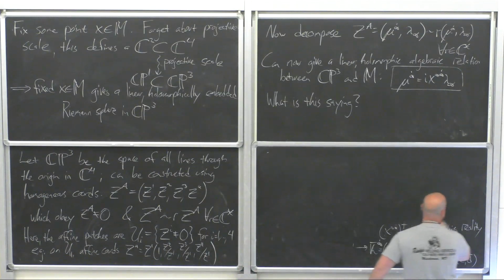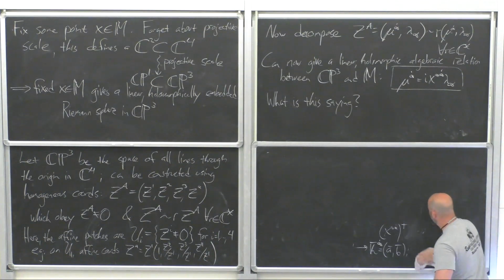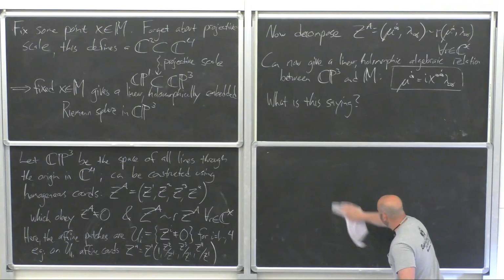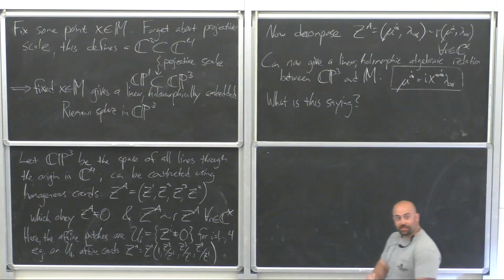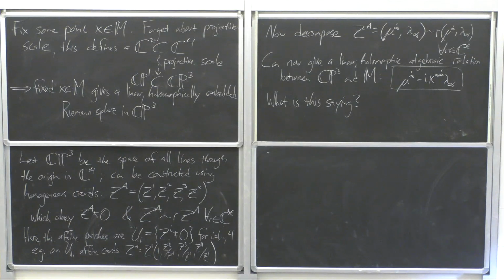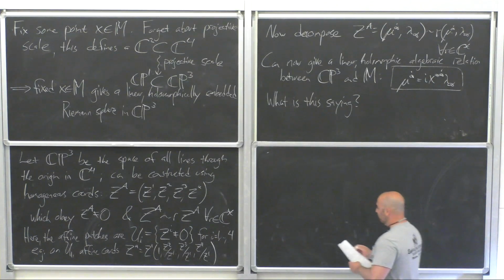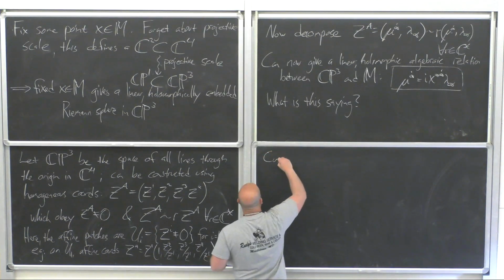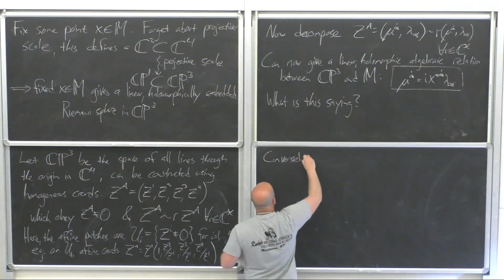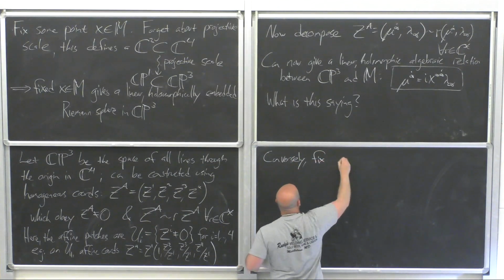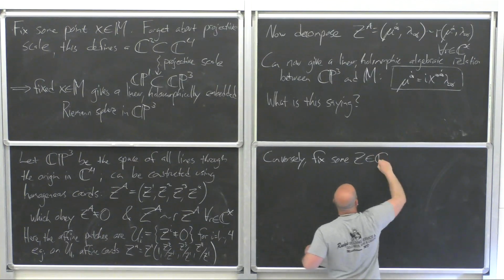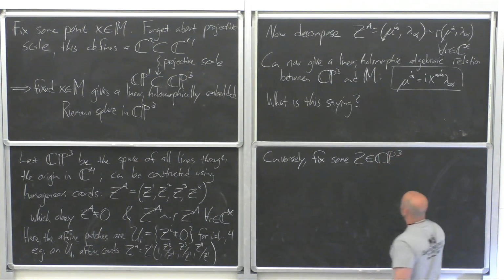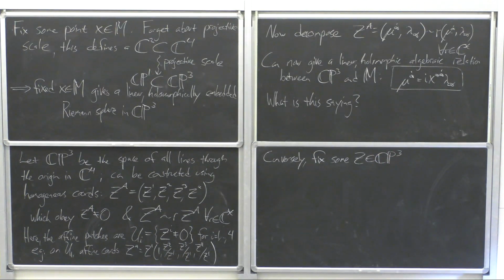Okay, so that's one direction, but what about the other way around? What does a point in CP3 define in complexified Minkowski space under these equations? So conversely, let's fix some point Z in three-dimensional complex projective space.